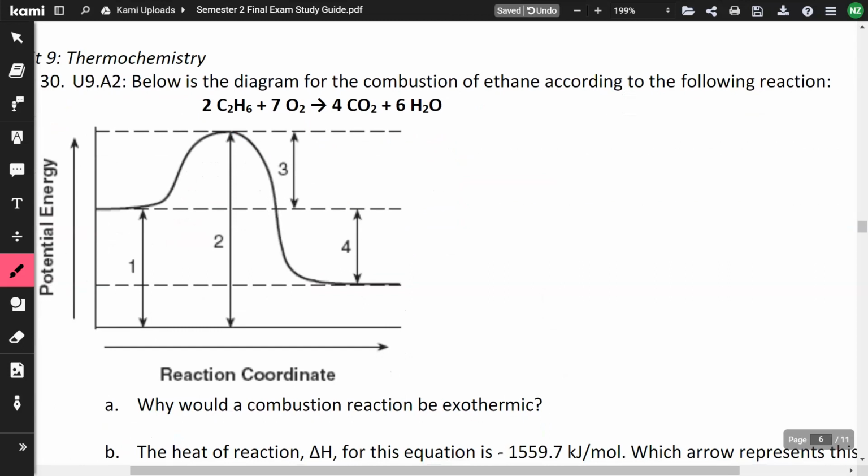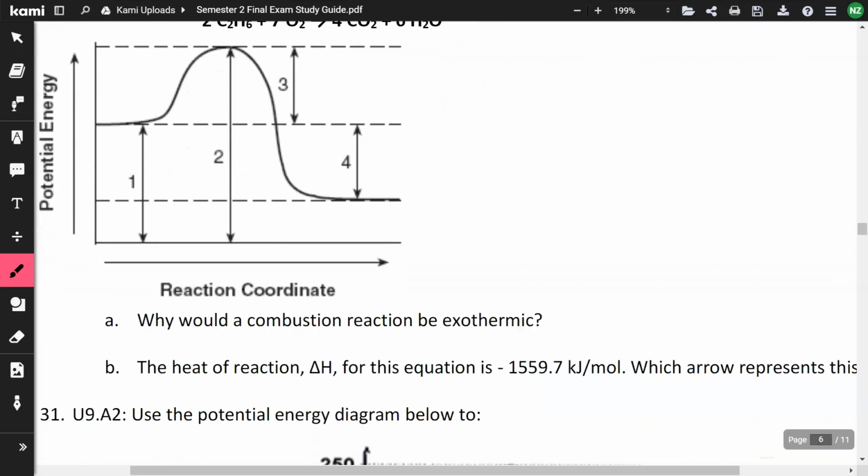All right. It says below is the diagram for a combustion of ethane according to the following reaction. Why would a combustion reaction be exothermic? So exothermic reactions give off heat energy, so I would just put that heat is released.